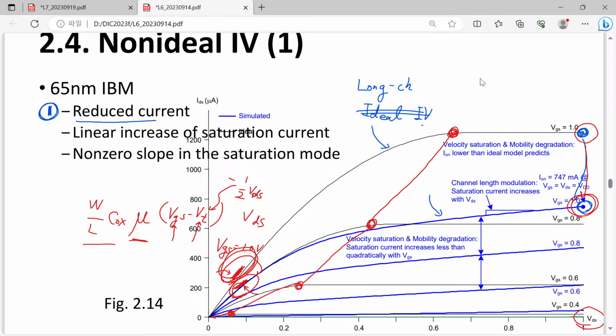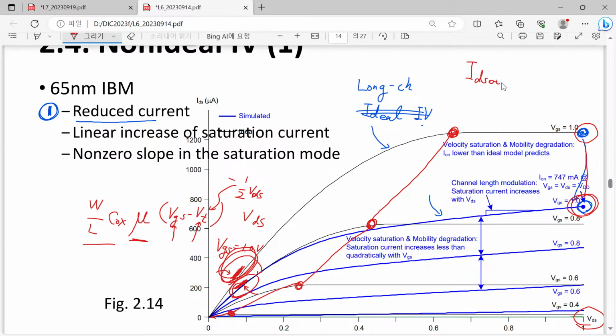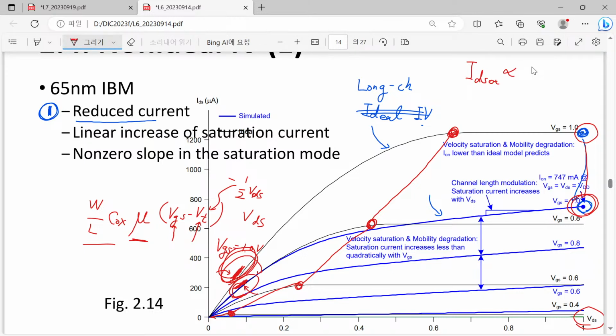Because the saturation current is proportional to the square of the gate overdrive voltage, the transition between linear and saturation mode is given as VGT, the gate overdrive voltage. So that's the reason why we had a parabolic case.